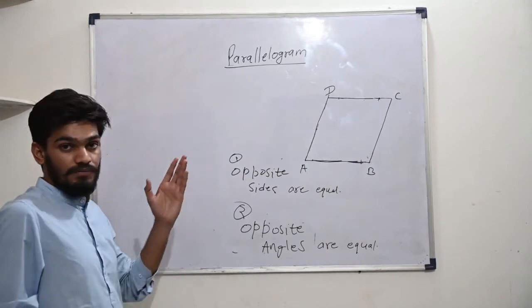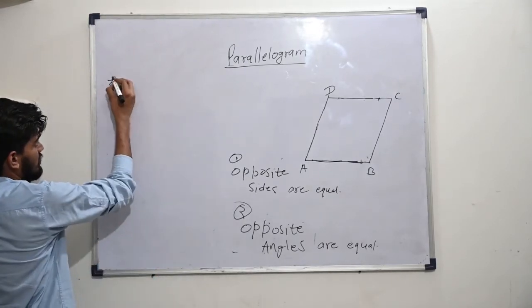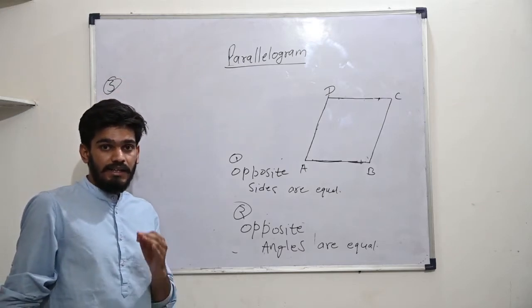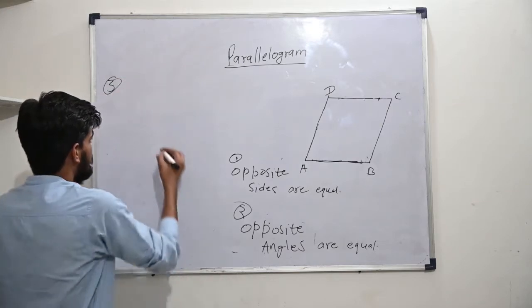Third property of parallelogram, which says that adjacent angles are supplementary.